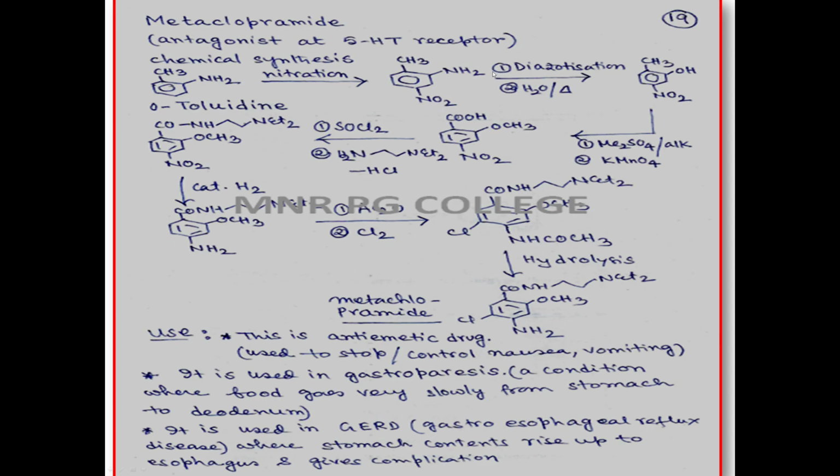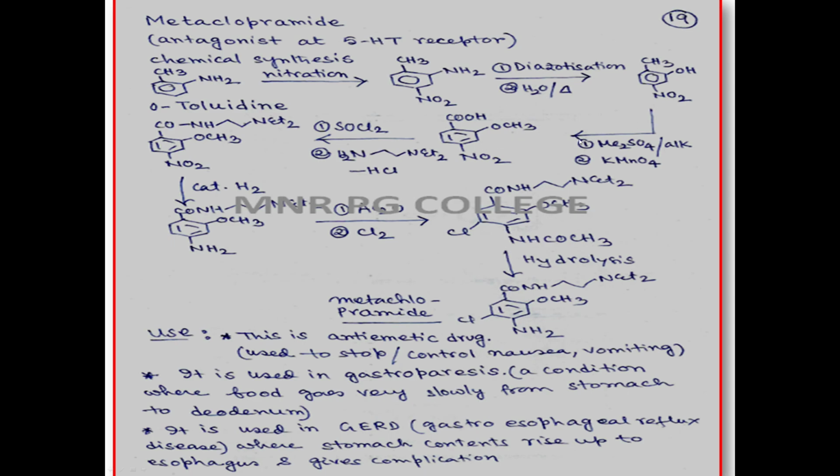Now when it is subjected to diazotization, followed by heating with water, diazotization means NH2 becomes N2+, and when water comes under heating conditions, then N2 goes and OH comes. So this is an example of aromatic nucleophilic substitution.